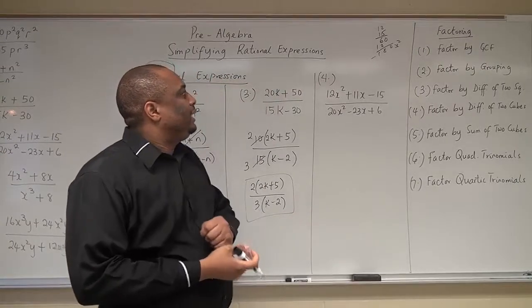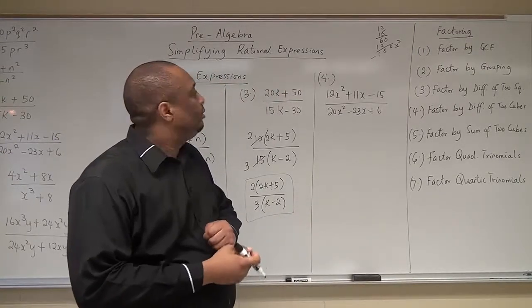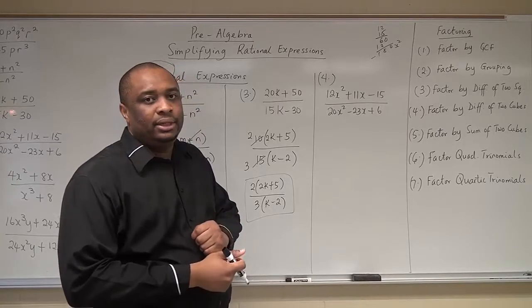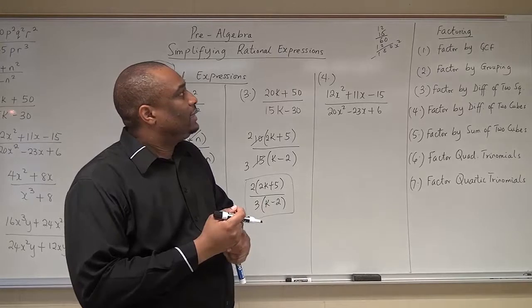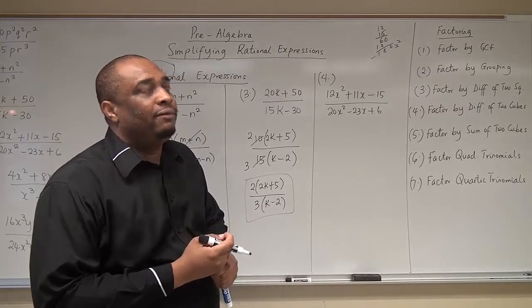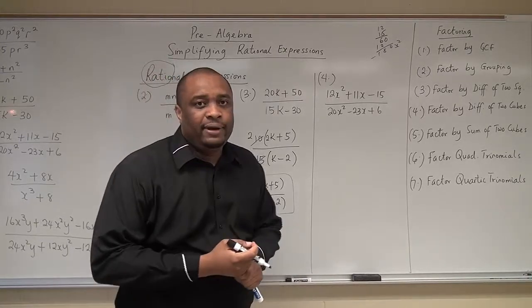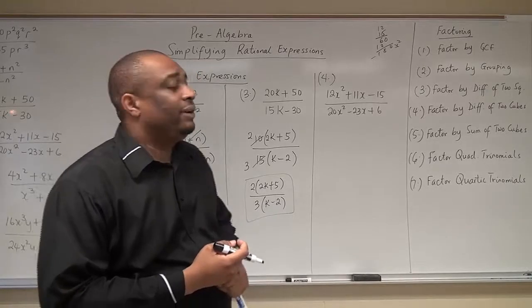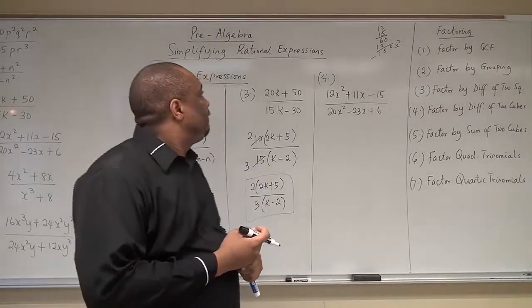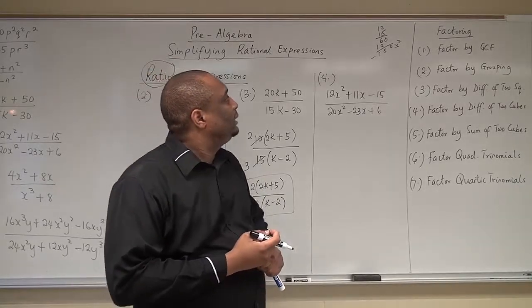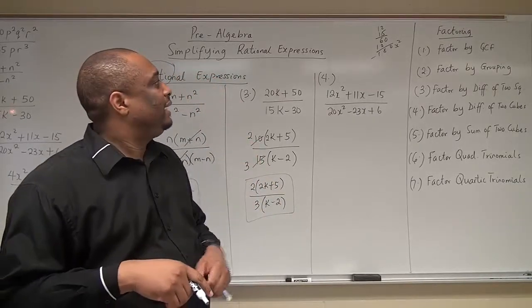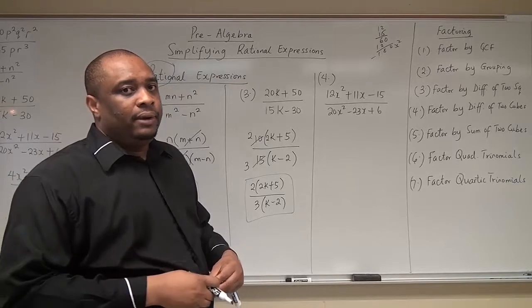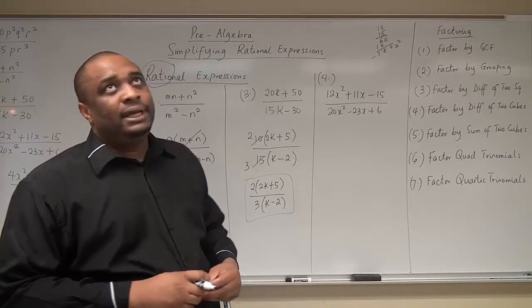2 and negative 90? No. Negative 2 and 90? No. 3 and negative 60? No. Negative 3 and 60? No. 4 and 45, right? 4 and negative 45? No. Negative 4 and 45? No. 5 and negative 36?